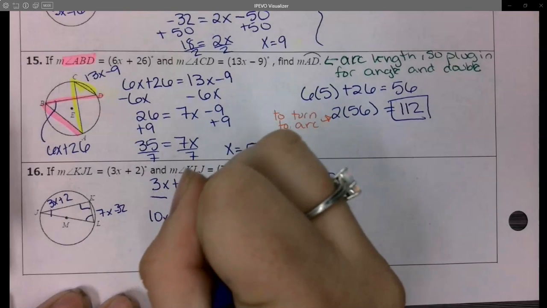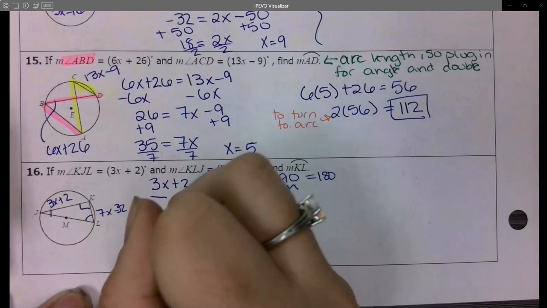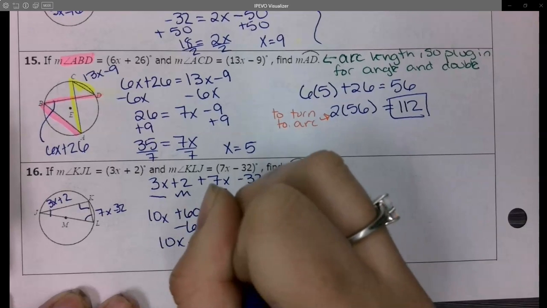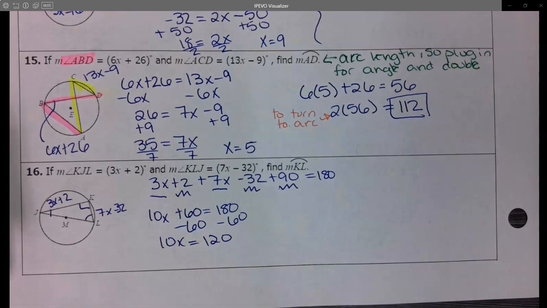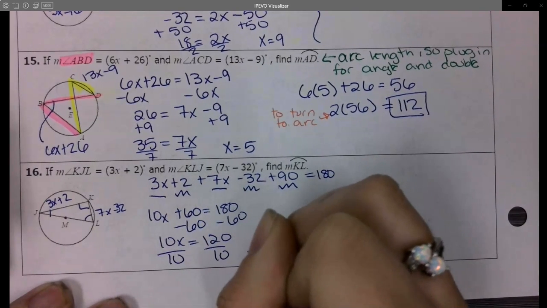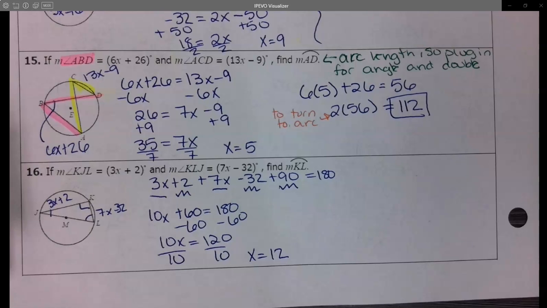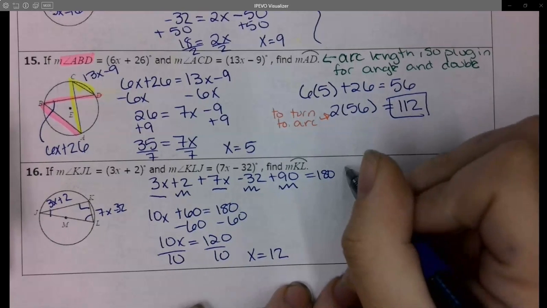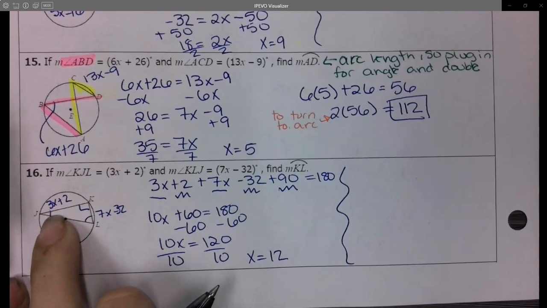And I want to subtract 60 on both sides. This gets me 10x equals 120. I want to divide both sides by 10. I get x equals 12. I want to find the arc length of KL, so I'm going to plug into KJL.